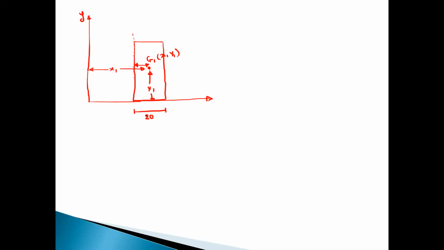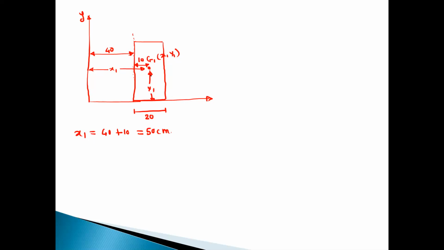It is half of this side. So this is 10 centimeter. Okay. Now measure the distance with respect to the y-axis. So we have to add this distance. Okay. So this distance from the given shape is 40 centimeter. Okay. So we can write x1 is equal to 40 plus 10, that is equal to 50 centimeter.